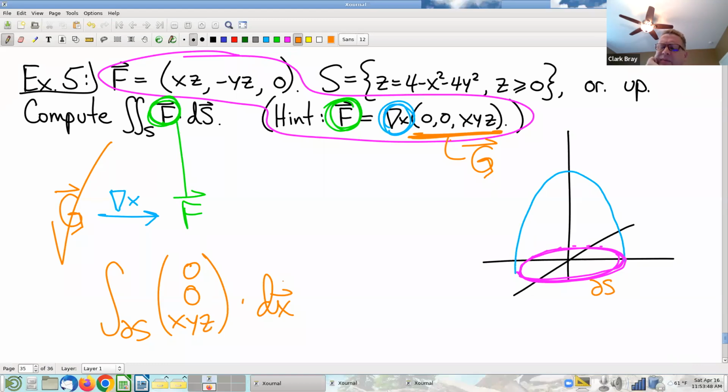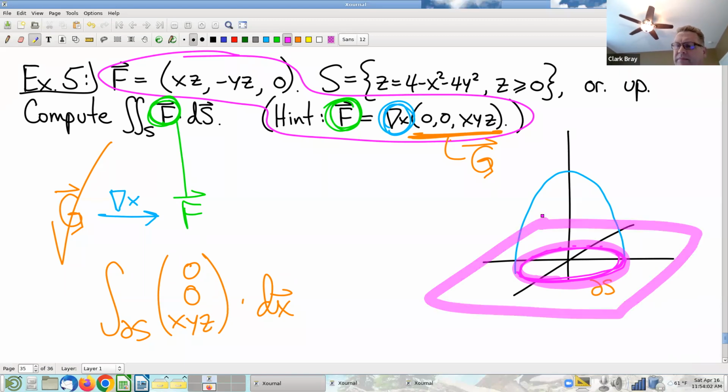Kind of seems like I'm going to have to parameterize this curve. Not that that would be the worst thing in the world, but it is going to be sines and cosines. At least it seems like it will be. And then you notice, yeah, but that's a nice curve. Notice that curve is entirely contained within the XY plane. And being entirely contained within the XY plane, that means z is not changing. z is constant. z is always 0.